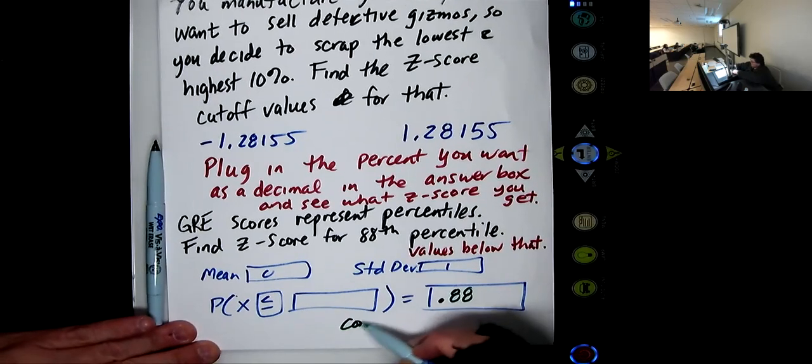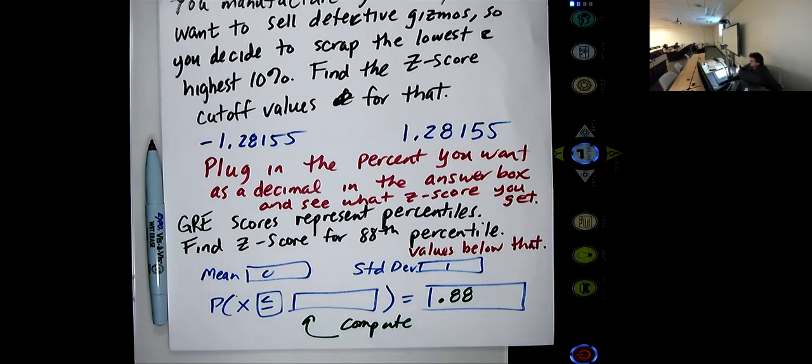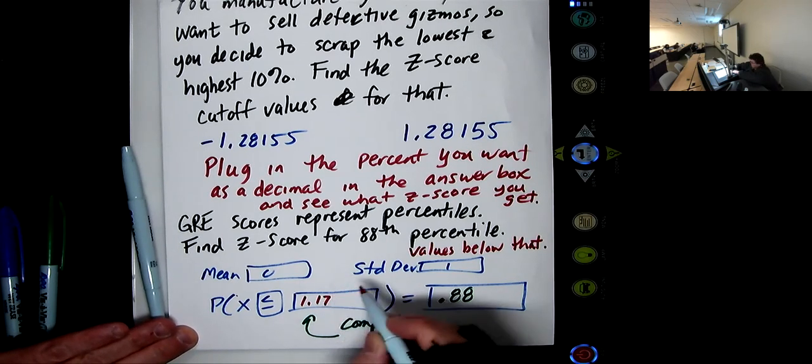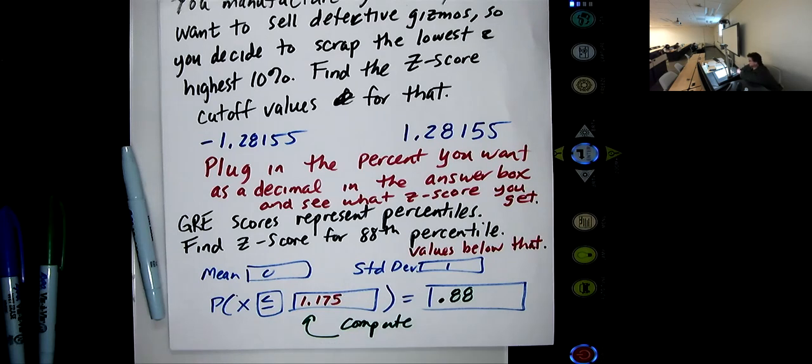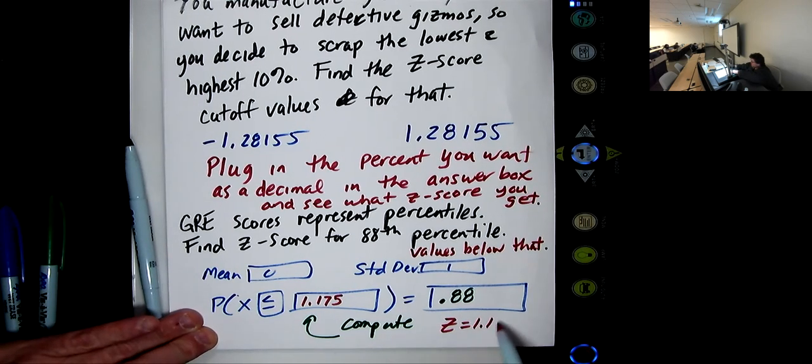Click compute, and it spits out the answer that goes in there. The answer that goes in there is 1.175, to 3 decimal places. So the Z-score is 1.175.